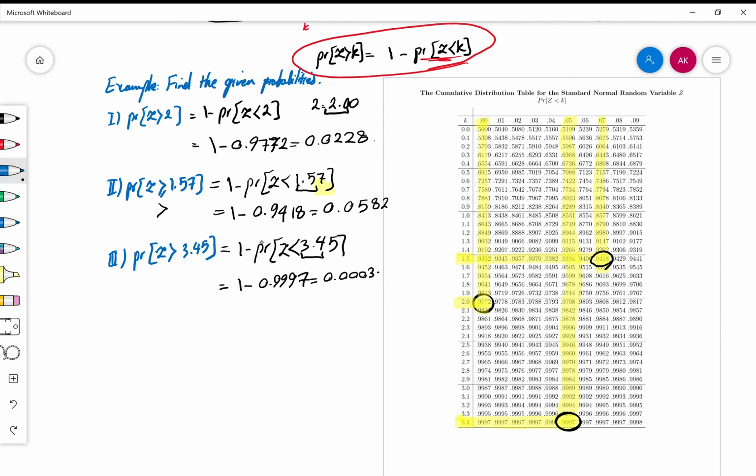Well, you remember that sometimes we have examples where the probability is given and we are trying to find k. So let's do two examples for those.